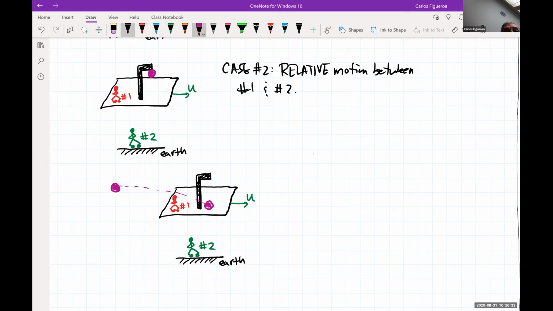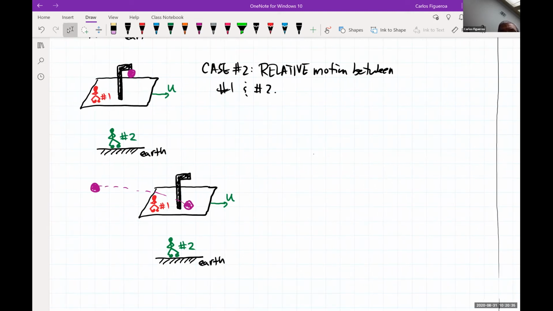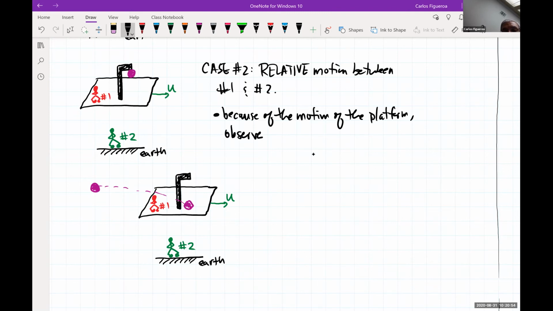So now let's highlight what you're seeing here. Because of the motion of the platform, observer 2 sees the ball follow projectile motion.